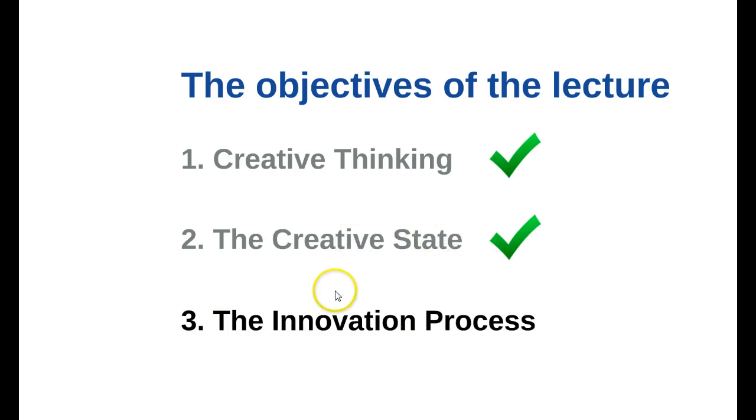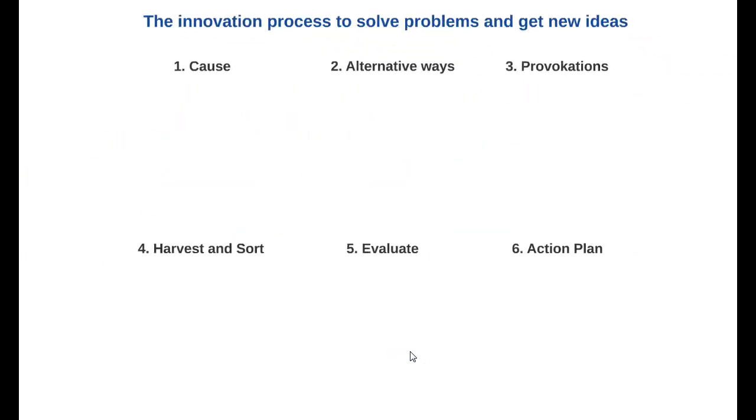Now we are going to look at the innovation process, and that's the process where you get the tools to be creative. First of all, we start with a cause. We find the root cause of your problem, so we don't start to generate ideas for the wrong problem.